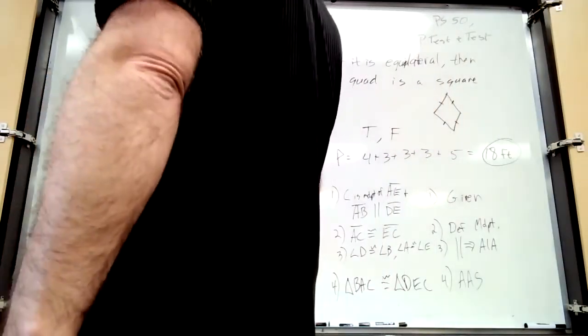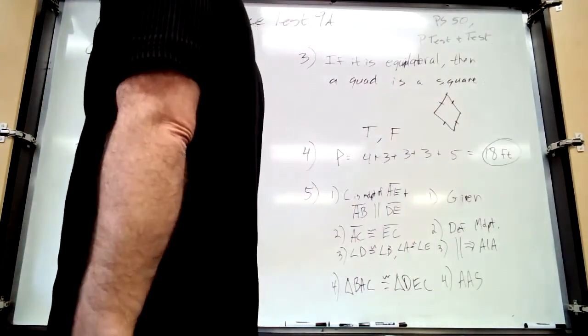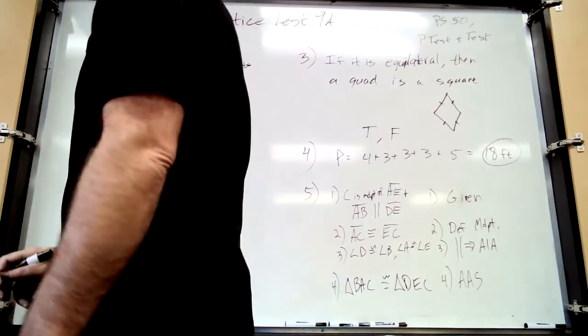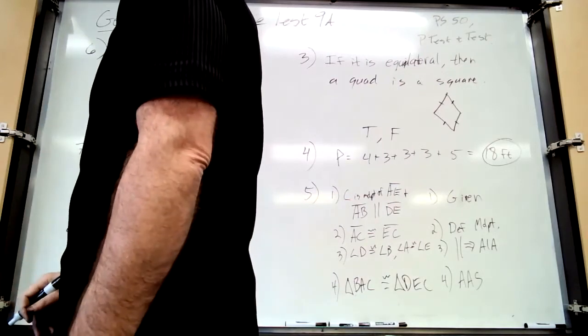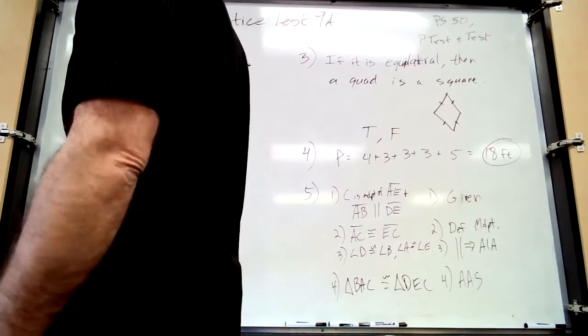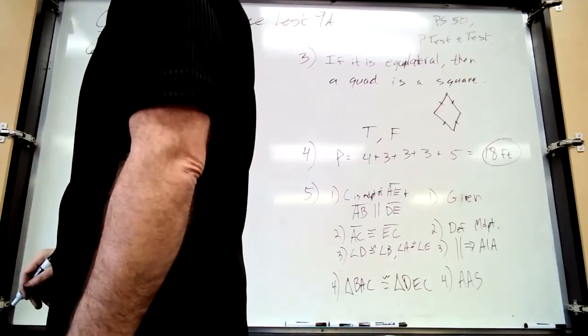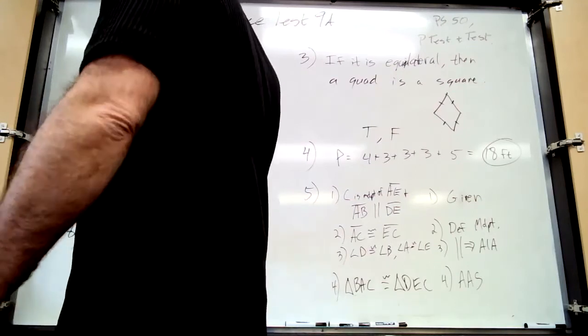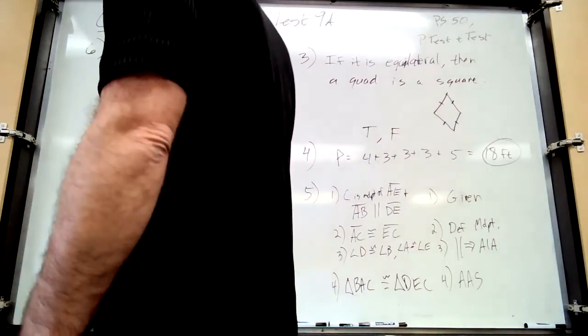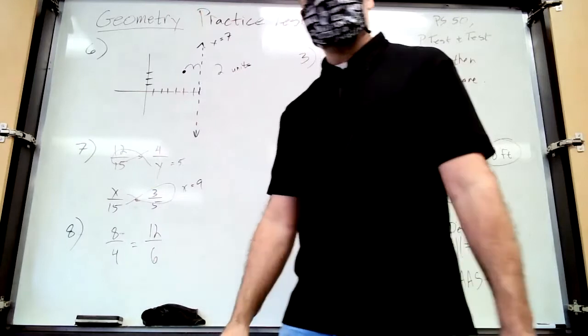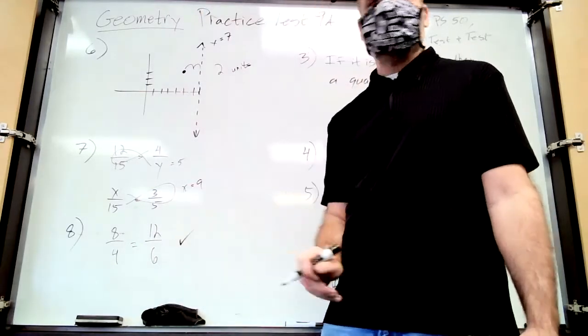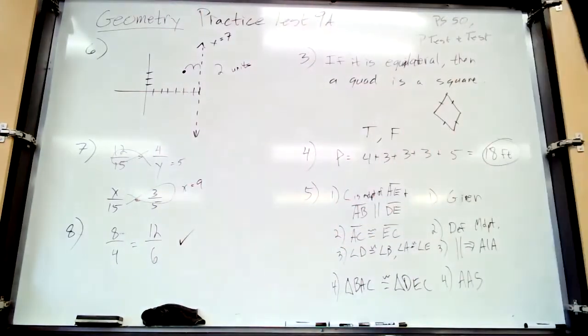AB, what's AB? 8. 8 is to, okay, what's DE? 4. As, what's BC? 12. 12 is to 6. You're done.